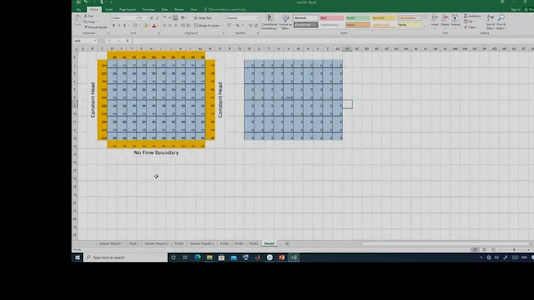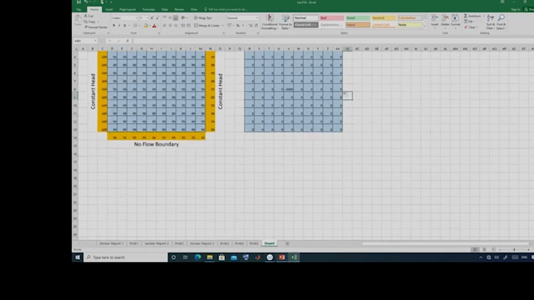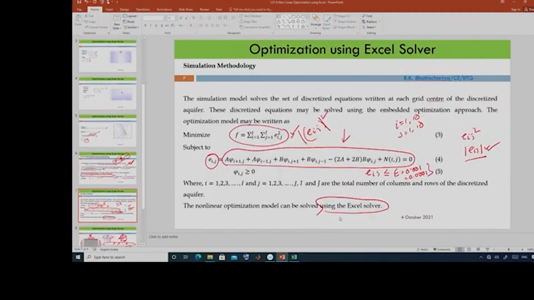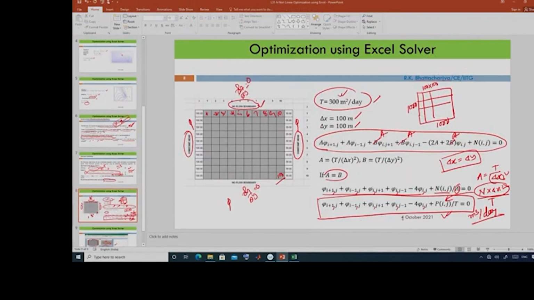Now, what I will do? I will write the equation. Which equation will I write? I will write this particular equation.